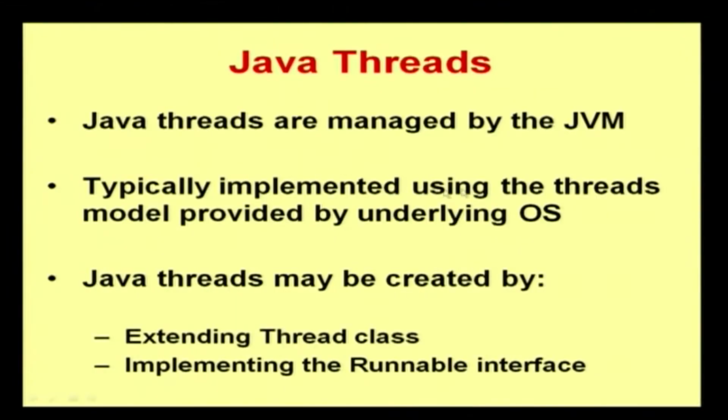This JVM manages these Java threads. It is typically implemented using the thread model provided by the operating system you are working with. Java threads may be created by extending the Thread class or implementing the Runnable interface.